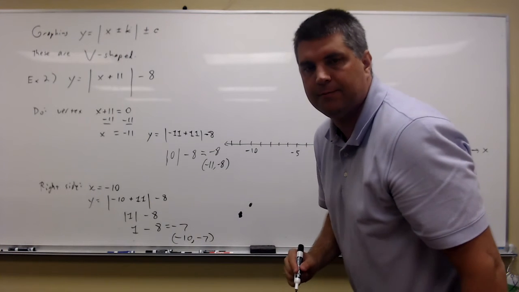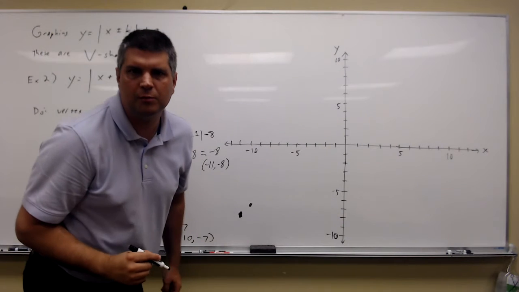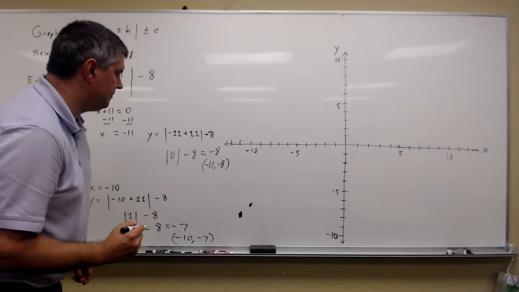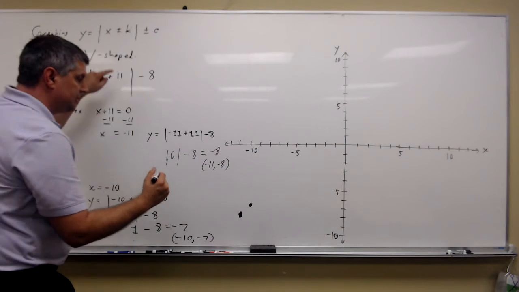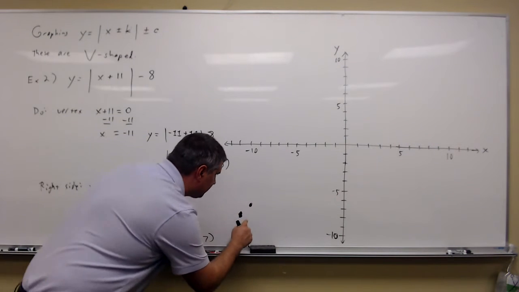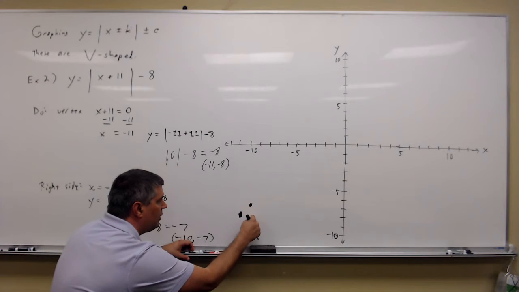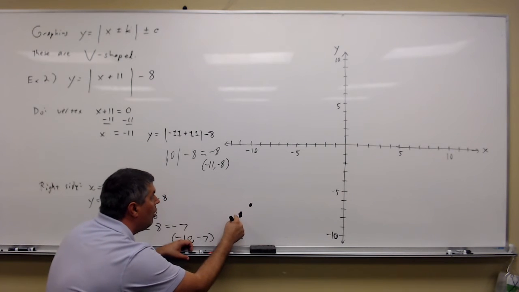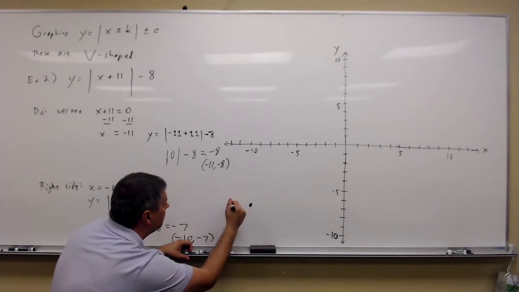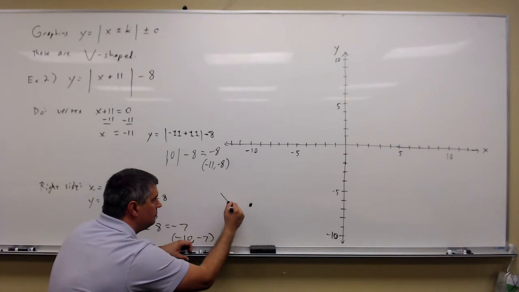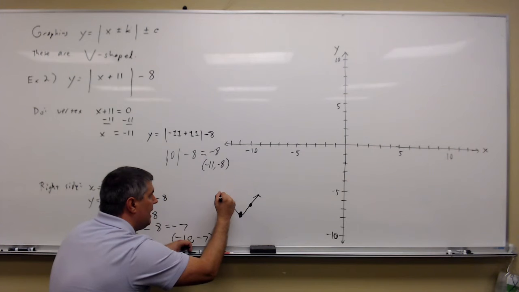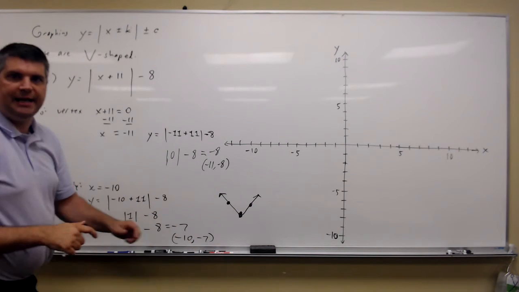And it's V-shaped, which means it's going to be symmetric. So the right side was 1 over 1 up. The left side will be 1 over 1 up. And that is it for that example.